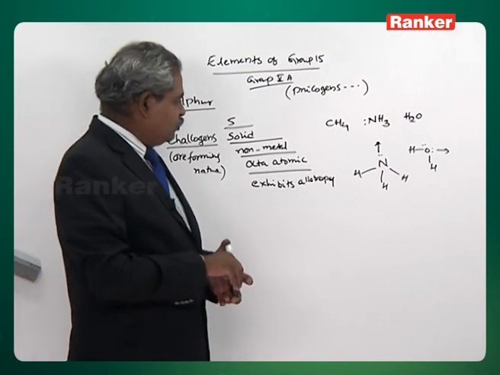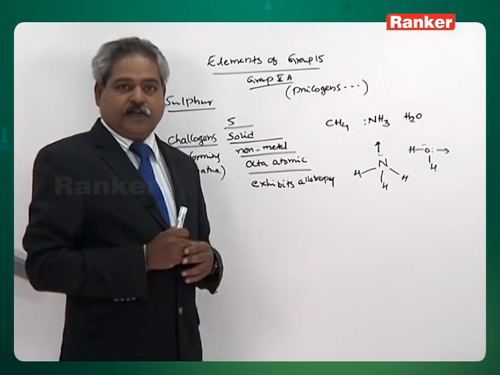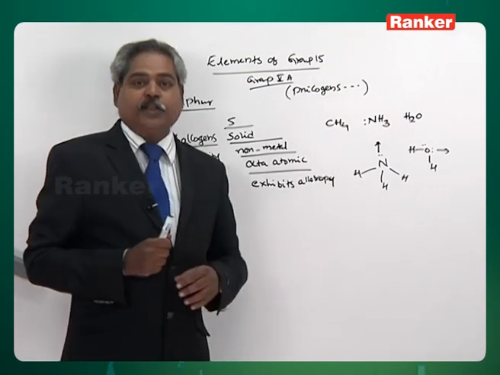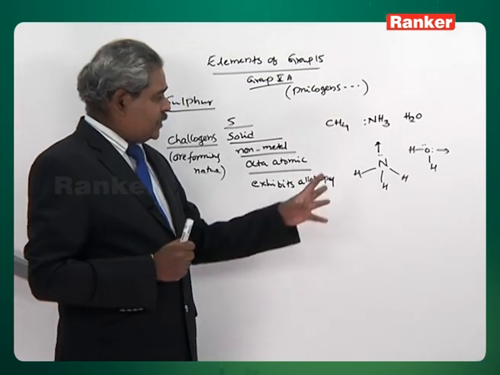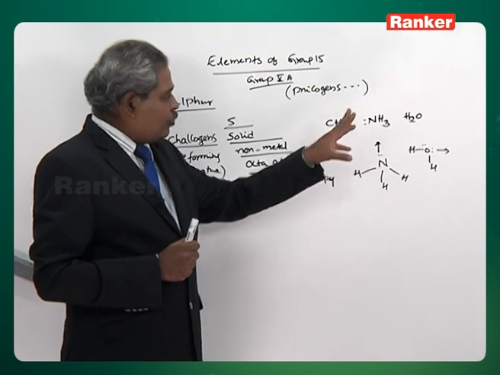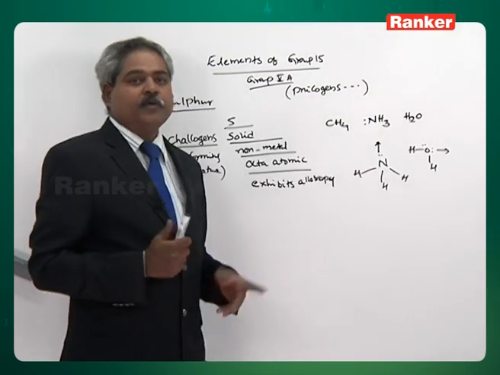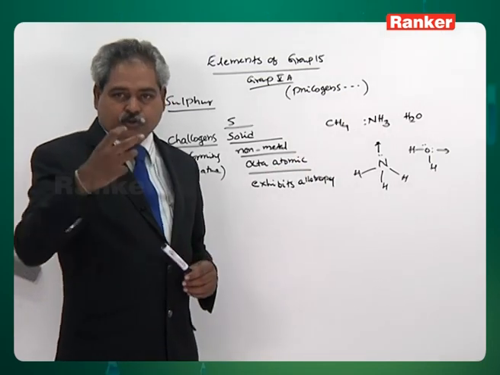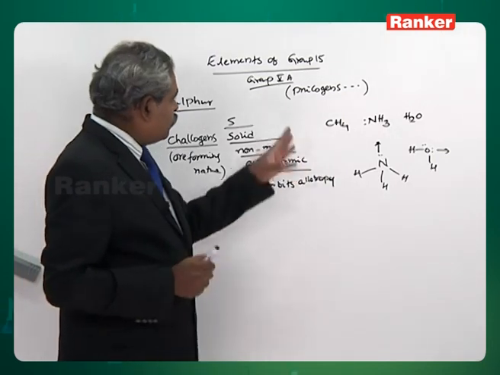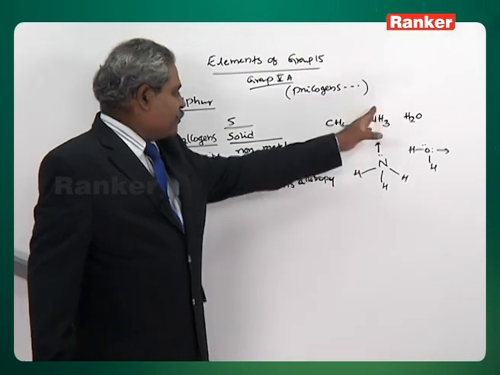It immediately goes from pyramidal to tetrahedral. It gets relief in the form of strain in the bonds. Ammonia gets relieved. Water, there are 2 lone pairs. Even if you get rid of one of them, there's not much anxiety in water to lose the lone pairs. Therefore, group 5, especially, they are poisonous.